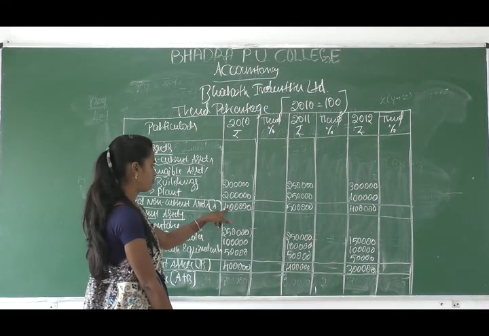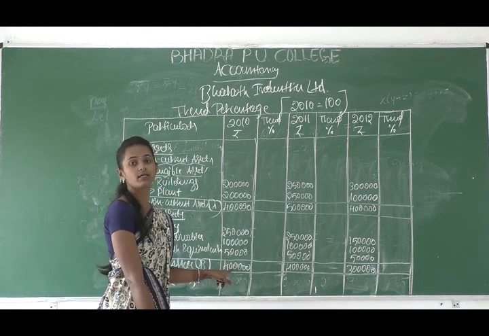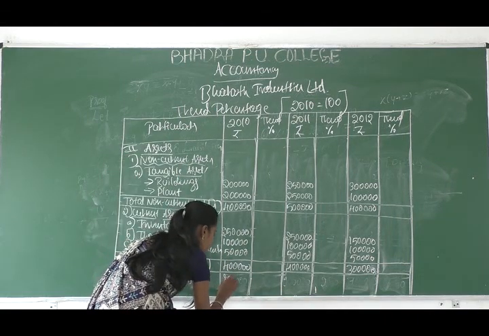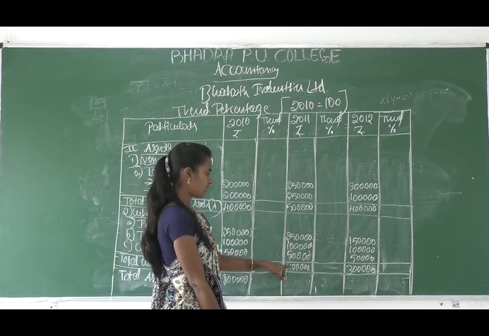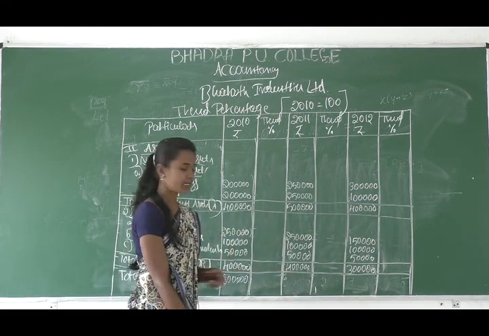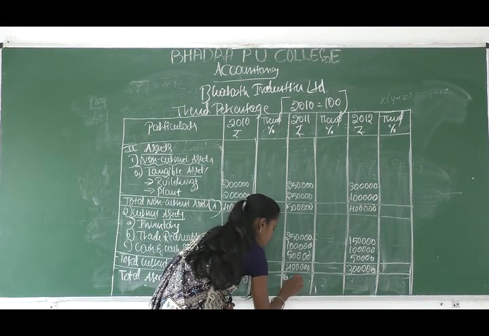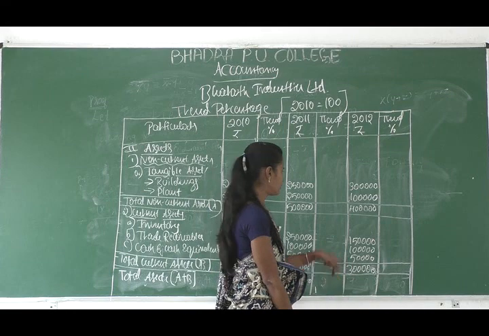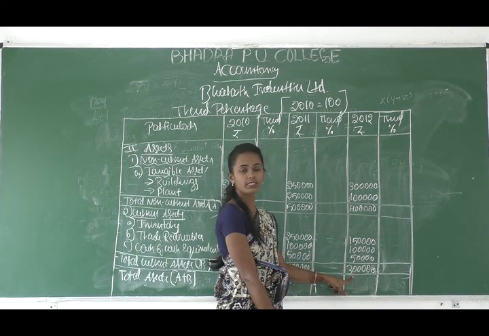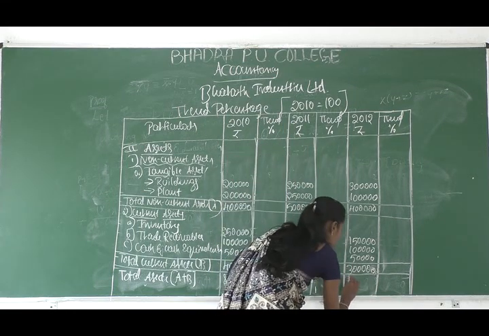Yes, 4 lakh plus 4 lakh, it's 8 lakh. And here 5 lakh plus 4 lakh, it's 9 lakh. And here 4 lakh plus 3 lakh, it's 7 lakh.